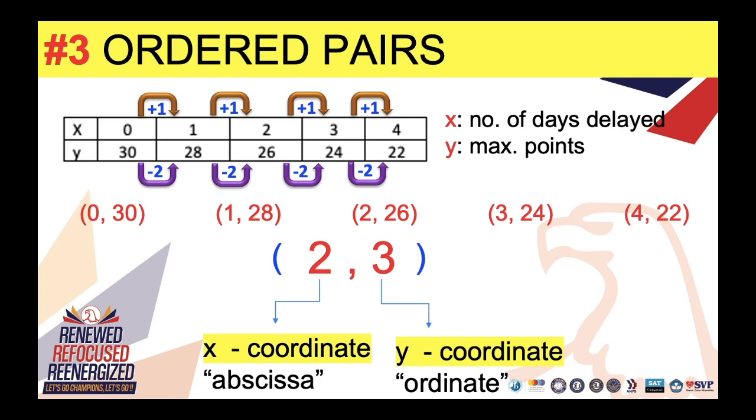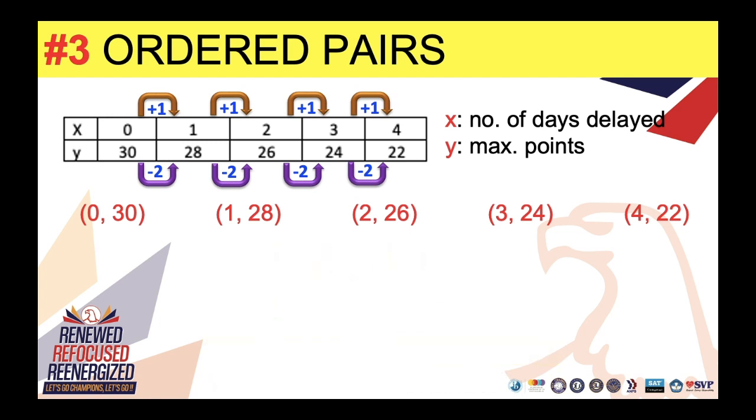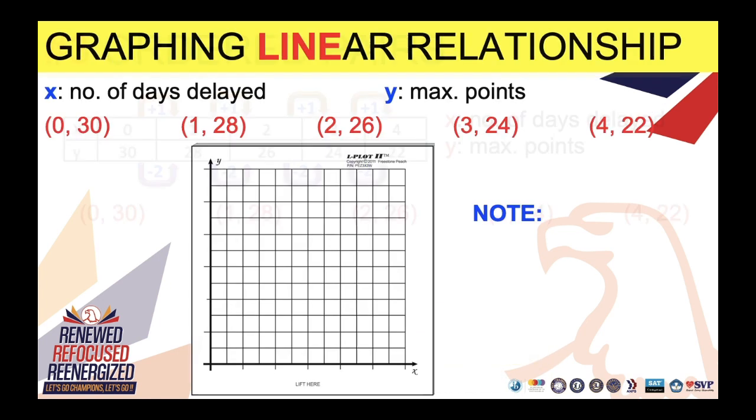And from the ordered pair, we can use the ordered pair in order to produce the graph of this particular situation. So previously, we have determined already the x and the y, the independent and dependent variable, and we were able to produce the table of values, and from the table, we were able to get the ordered pairs.